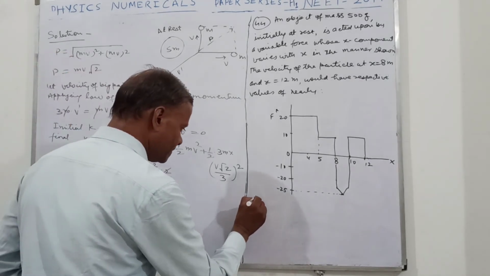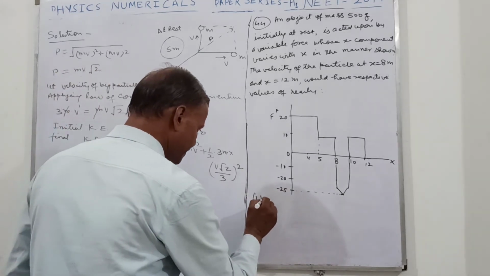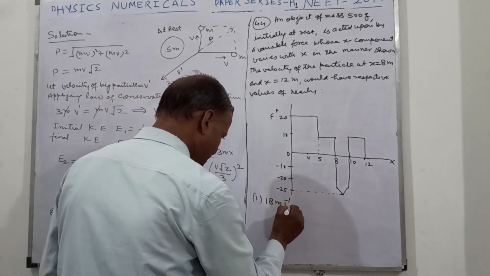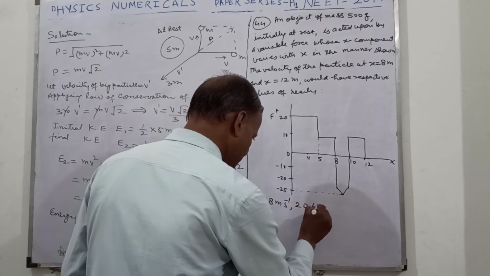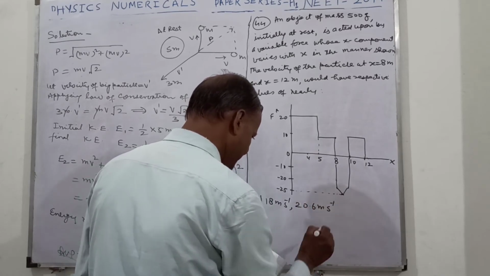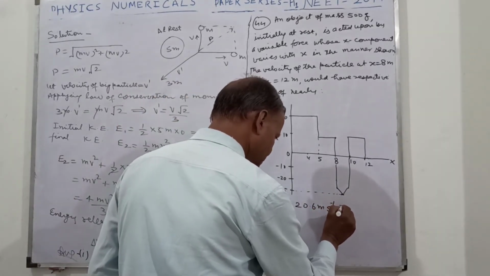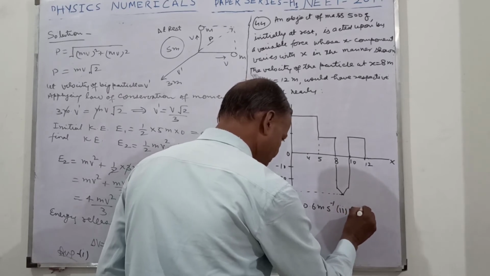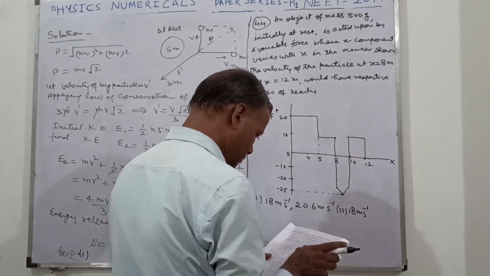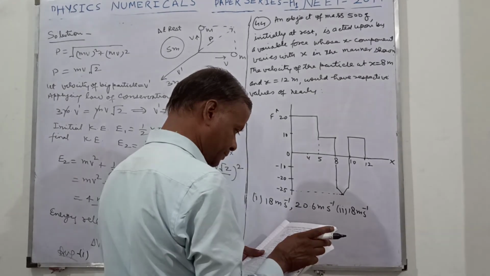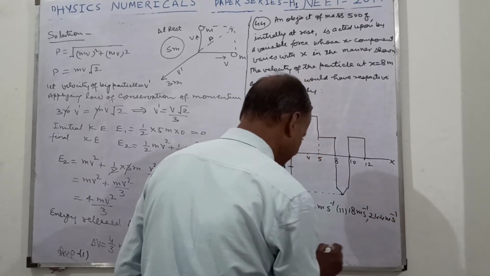And the options are, first option is your 18 meter per second, second is 20.6 meter per second, and then 24.4 meter per second.